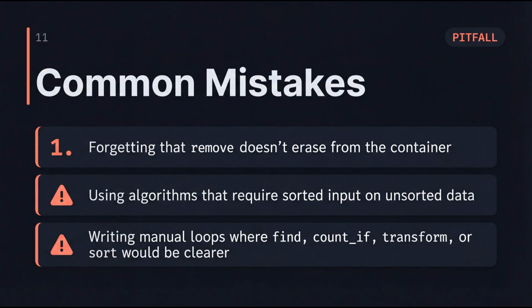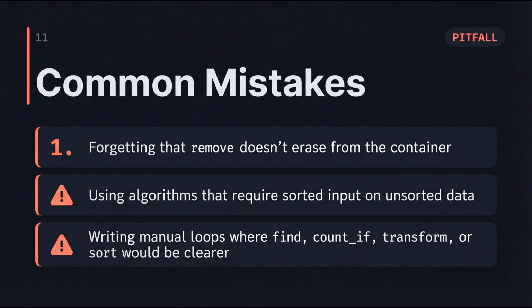Three mistakes to watch for. First, forgetting that remove doesn't erase. If you call std::remove and don't follow it with erase, the container still has the same size. The removed elements are just shuffled to the back. Second, using algorithms that require sorted input on unsorted data. binary_search, lower_bound, upper_bound, and equal_range all assume the input is sorted.